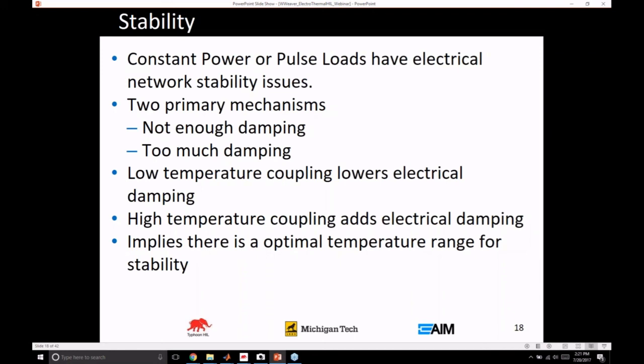But high temperatures, on the other hand, might be too much damping. So that plays right into the stability issues. So there's a range of optimal temperatures that might need to be defined in a large coupled system under study.